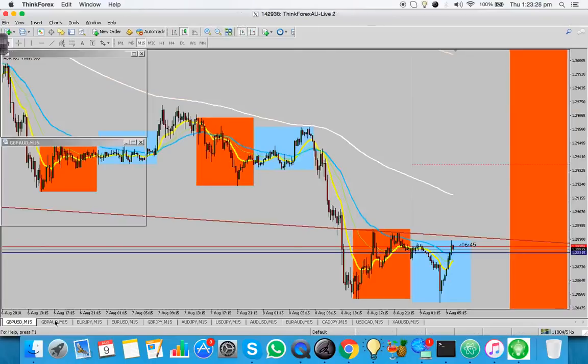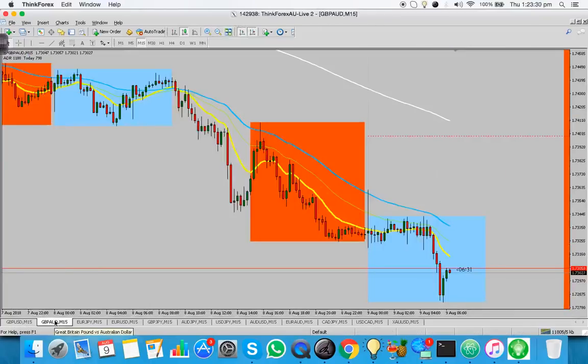Now, let me just quickly jump onto a few other charts. I wanted to clarify something for you guys as well. So there was another question in regards to economies to do with fundamentals. If you're looking at two economies, say the pound, the UK and the US, and both of them are strengthening, the question then arises in your mind, well, which one do I trade?